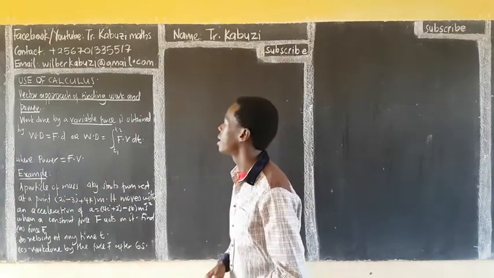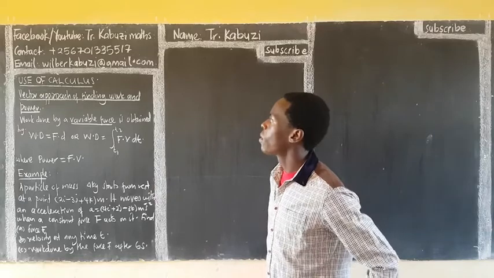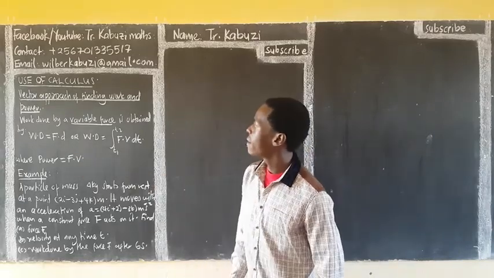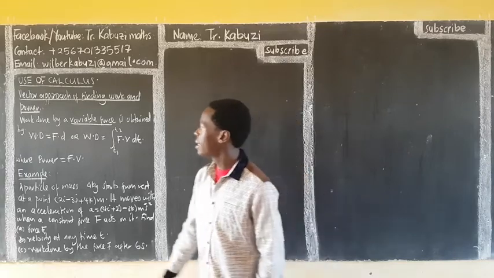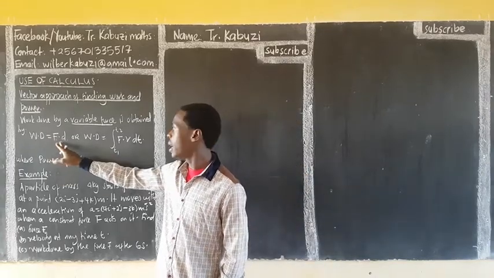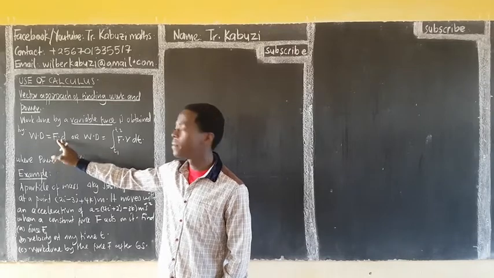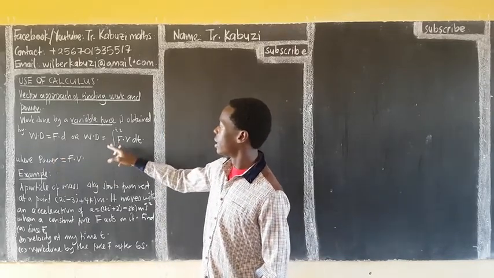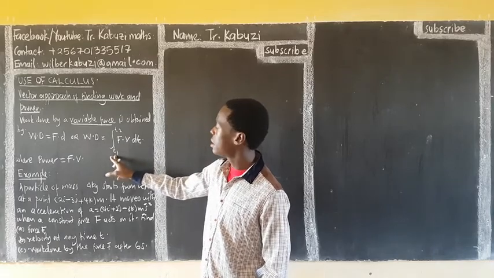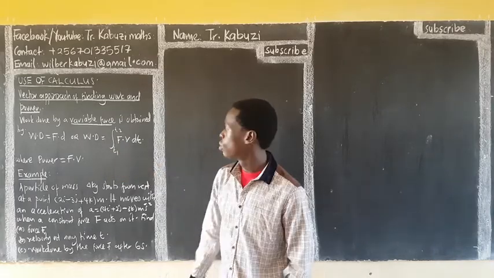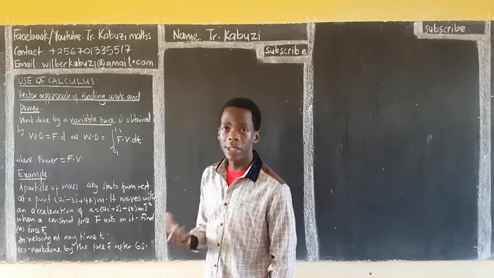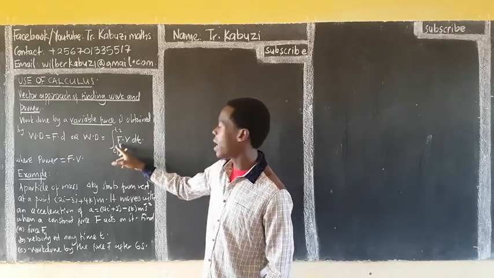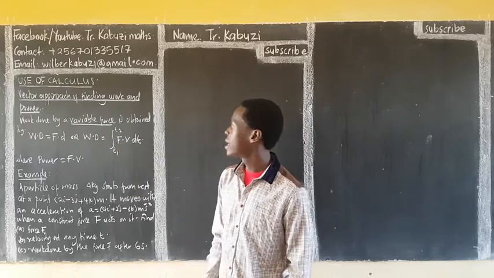Okay, let us see now the approach of finding work and power. Here, work done by a variable force is obtained either as force times the distance or displacement, or we integrate from time t1 up to t2, from when we start doing that work up to when we stop, the force times the velocity at which that body is moving.